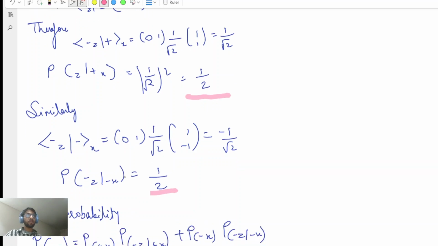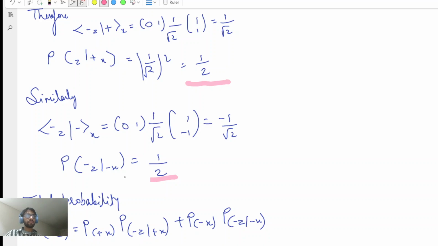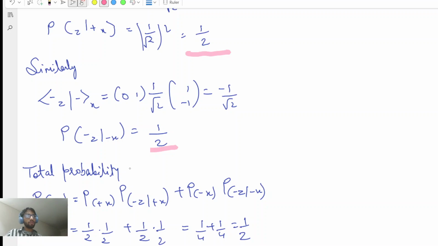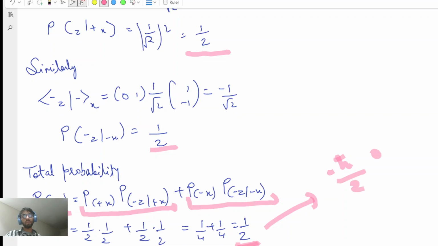For p minus z, we have plus x-axis and minus x-axis, and either the atom will be in this or this. So we will add the probability in either case. So half times half plus half times half, which is half. So half is the probability of the atom being in the minus h bar by 2 or plus h bar by 2 z state. Okay.